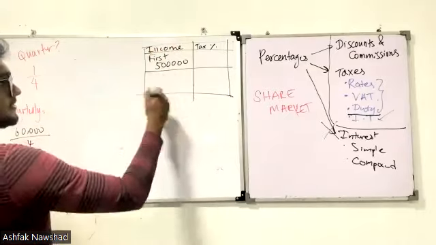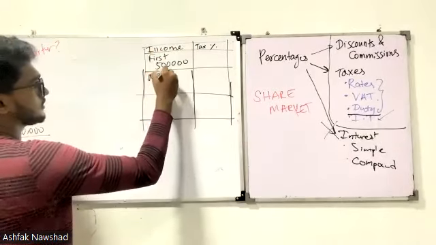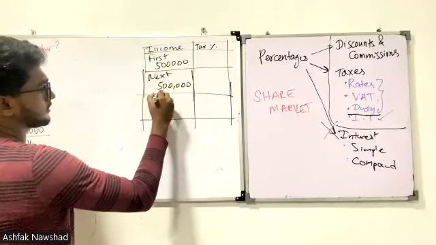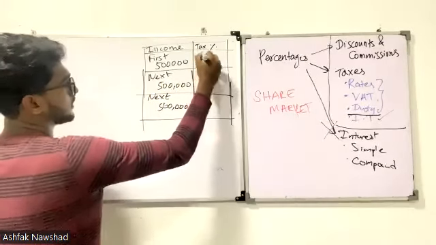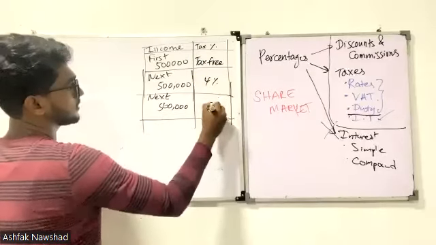I hope you guys can see, right? Next 500,000. Next 500,000. Tax free, 4%, 8%.